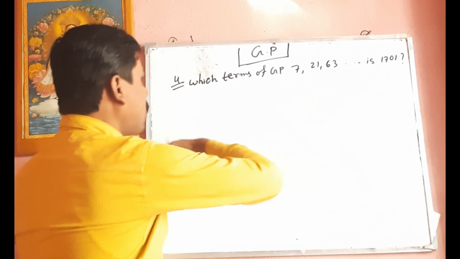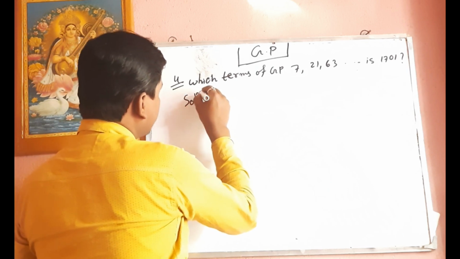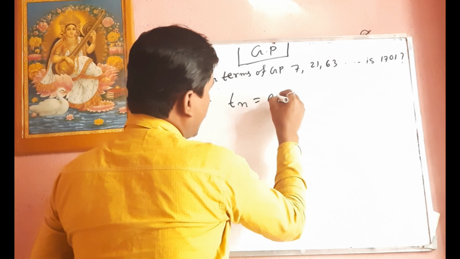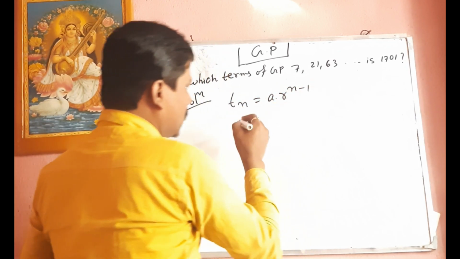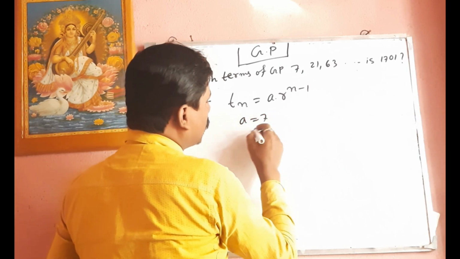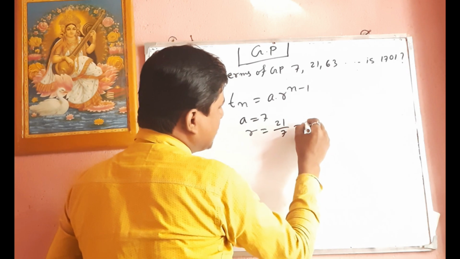So according to the formula, we know that Tn is equal to a into r to the power n minus 1. Here a is equal to 7 and r is equal to 21 divided by 7, that is 3.